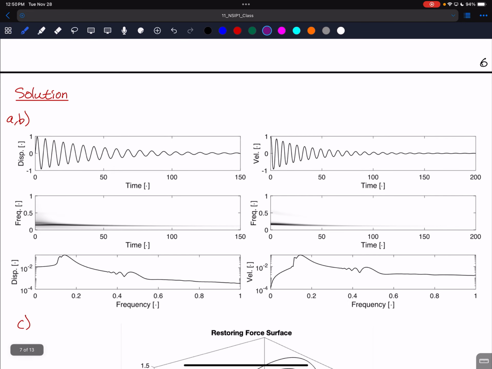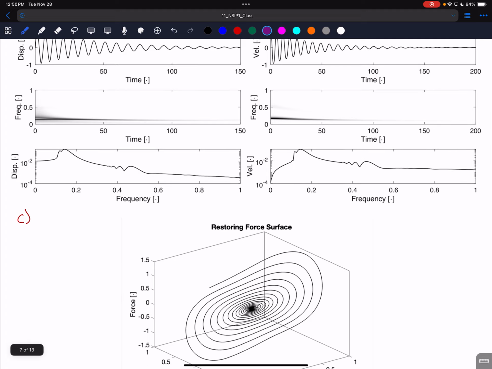All right, so just for part A and B, these are the displacement and velocities shown here. You can see that there is a small amount of change in the frequency, at least in terms of the wavelet transform. It's a little bit wide in the Fourier spectrum.